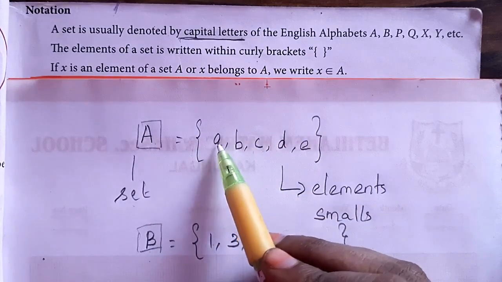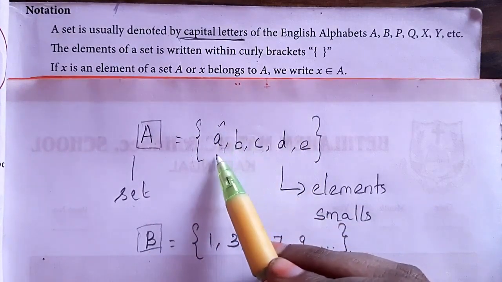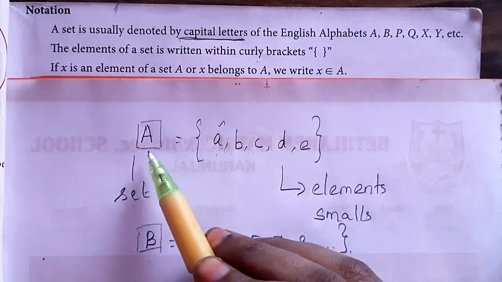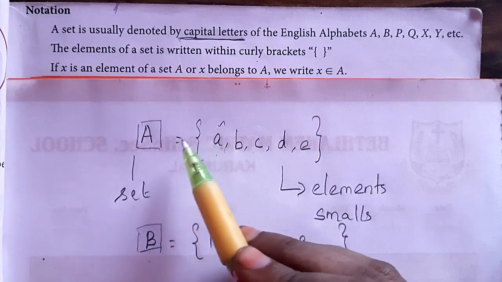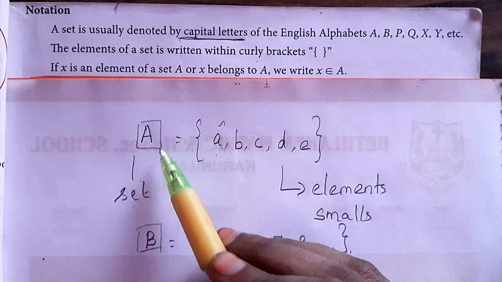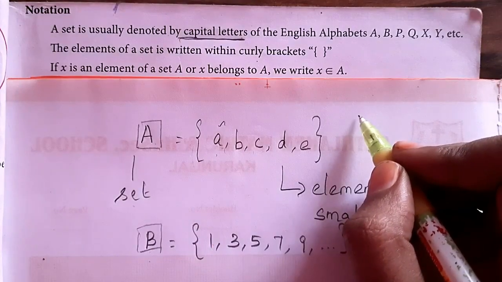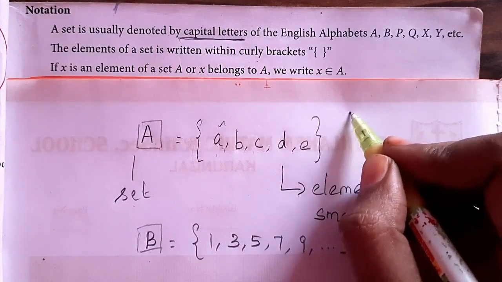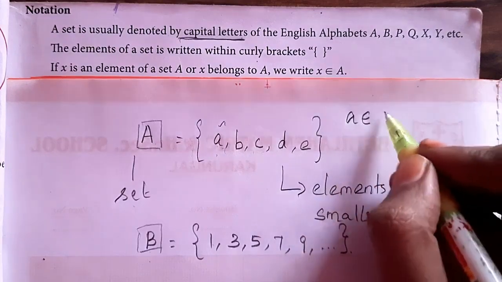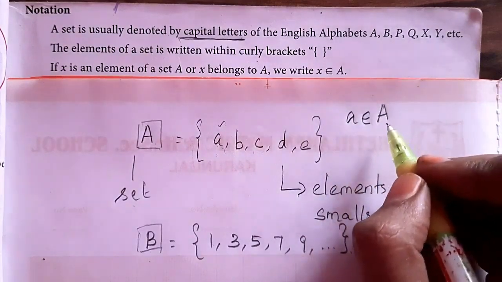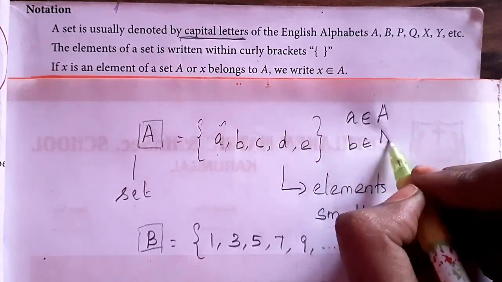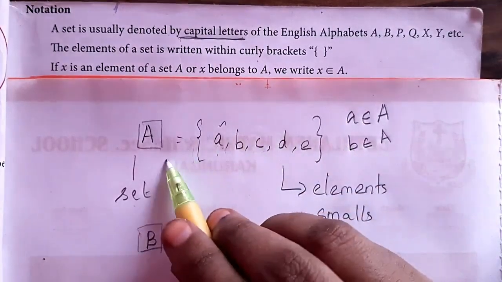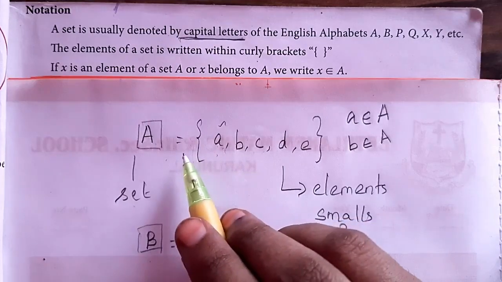If you take small a, this a is an element of the set capital A. So I can say this small a belongs to the set capital A. In symbols, I can say a belongs to A. Also I can say b belongs to A, because b is in the set A.